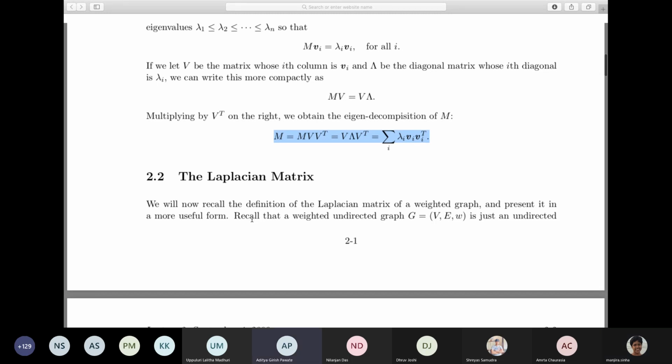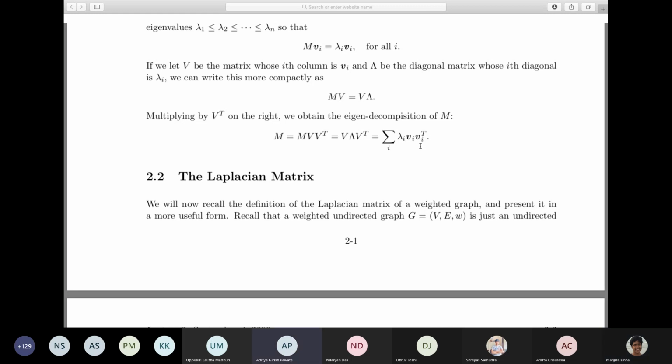So vi into vi transpose also will be a matrix. That's why it's a summation of all the matrices of vi vi transpose type. Wait, no, one will be a column vector and another a row vector, so if you multiply them, it will be a value, not a matrix.